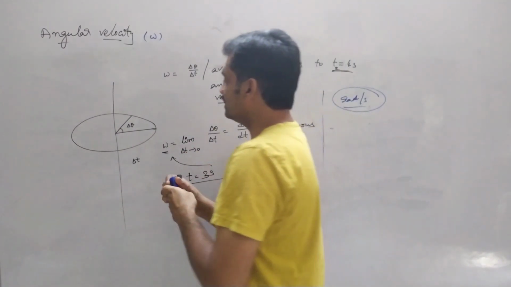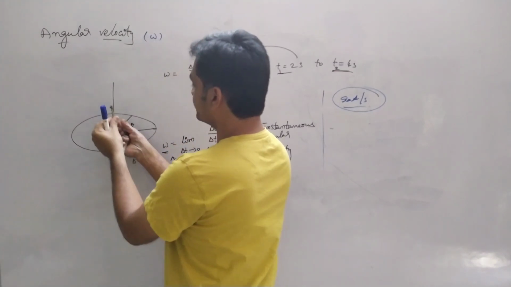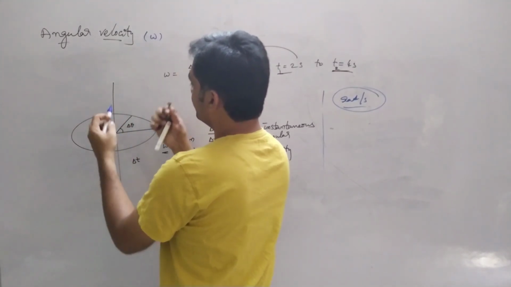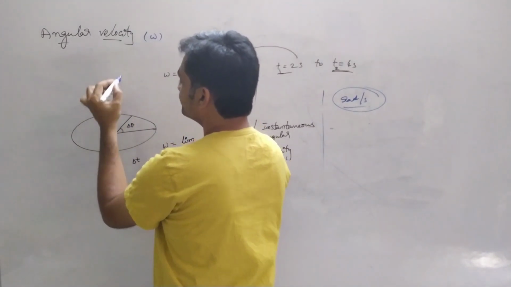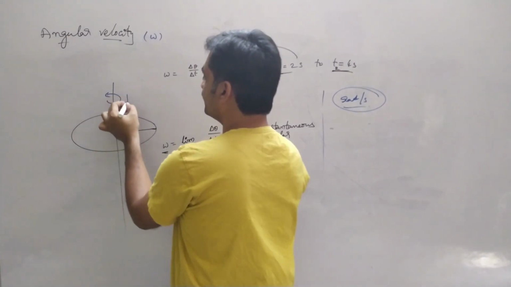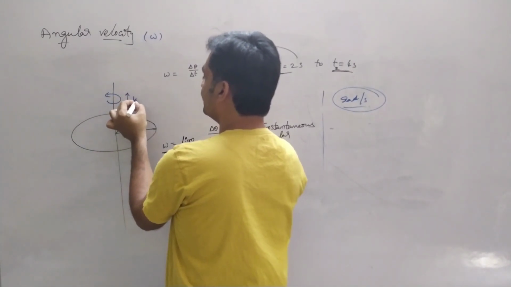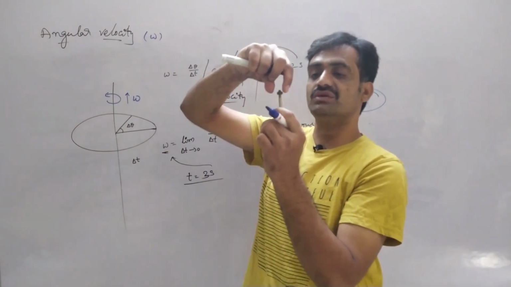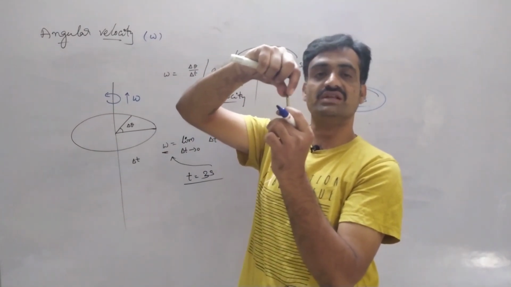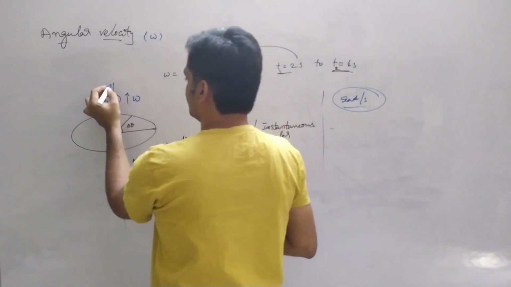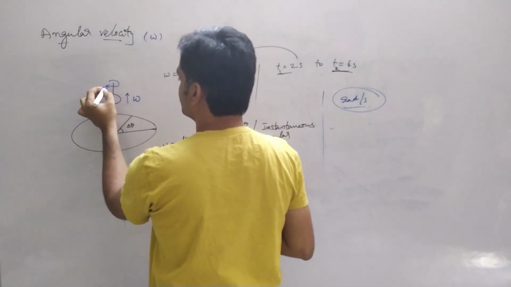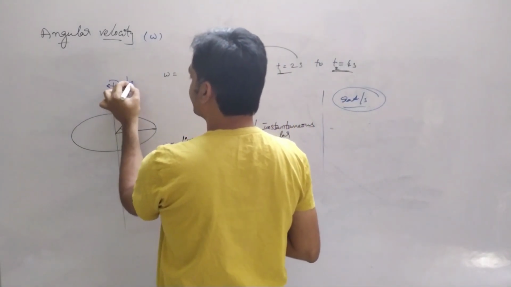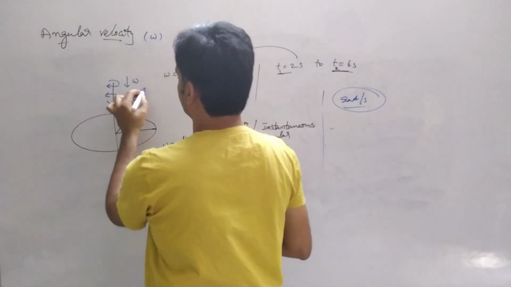Suppose the body rotates in the clockwise direction, then the angular velocity will be acting in the downward direction.